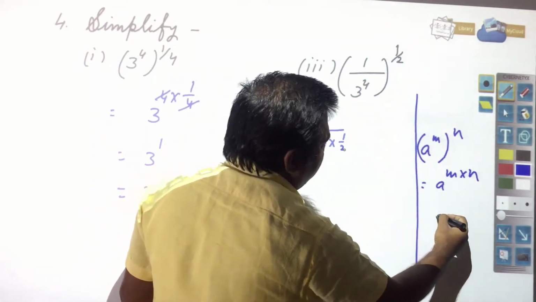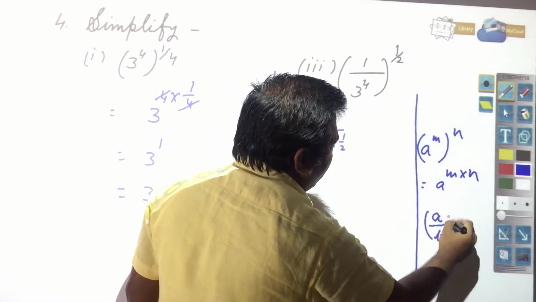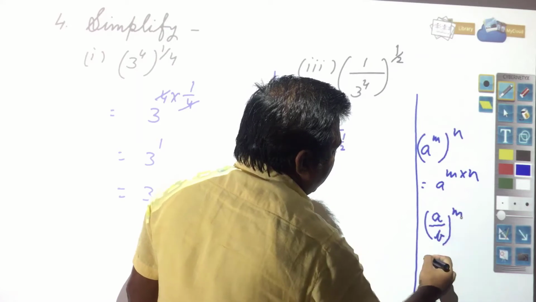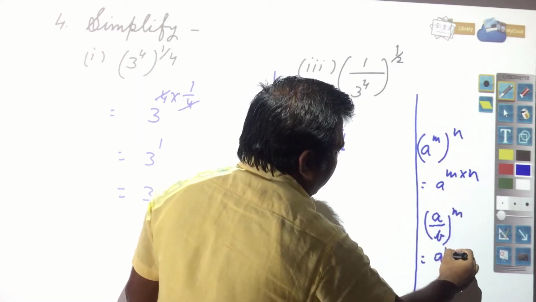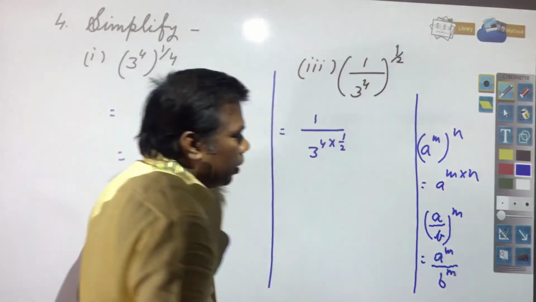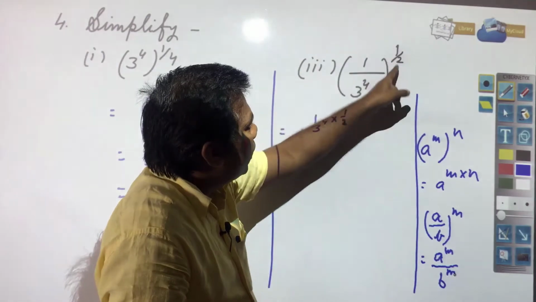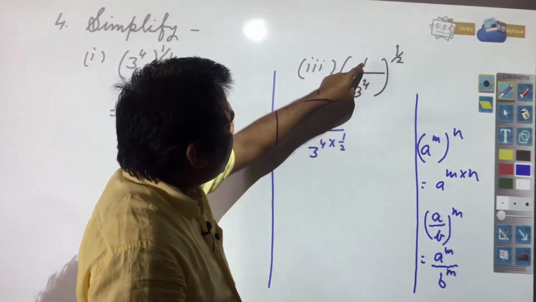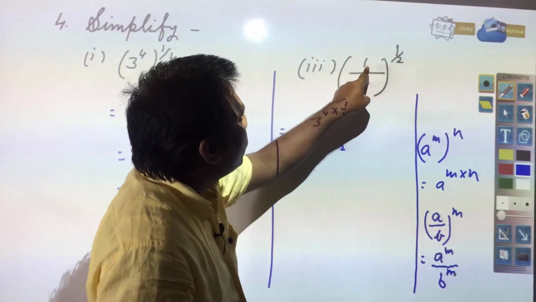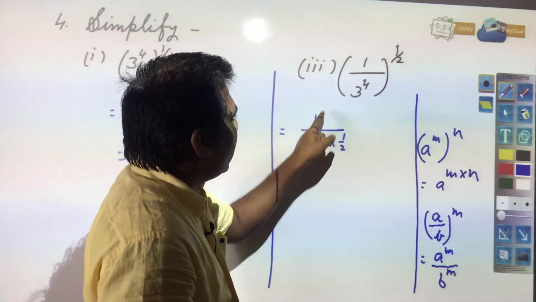Suppose you have a by b to the power m, it can be written as a to the power m divided by b to the power m. Here, in place of m you have 1 by 2. So, this can be written as 1 to the power 1 by 2. The power of 1, whatever value you put, will be 1, that is why I have not written it.